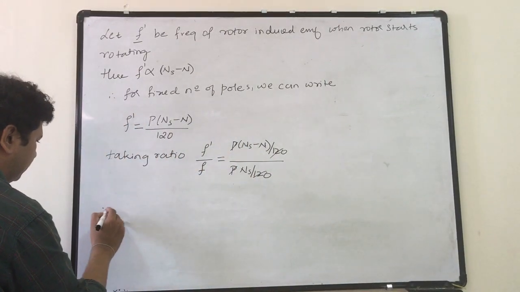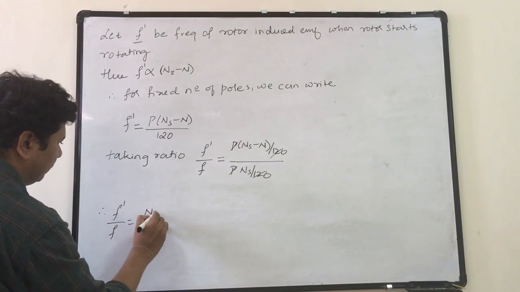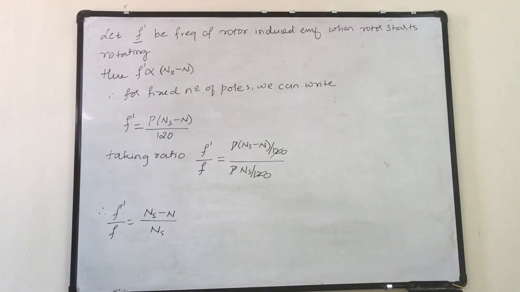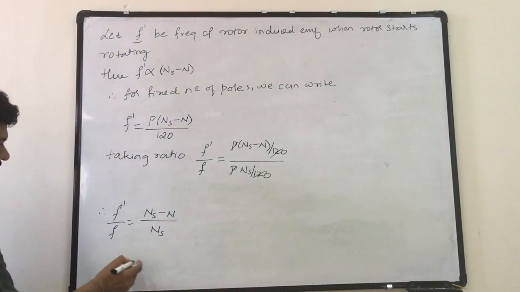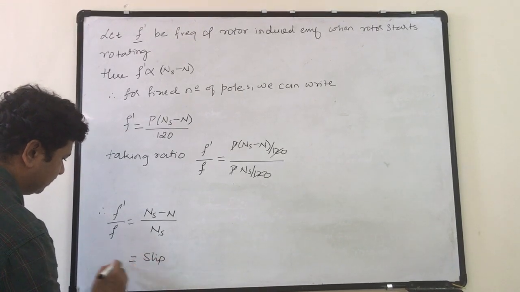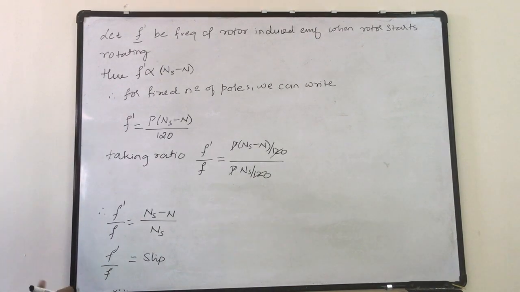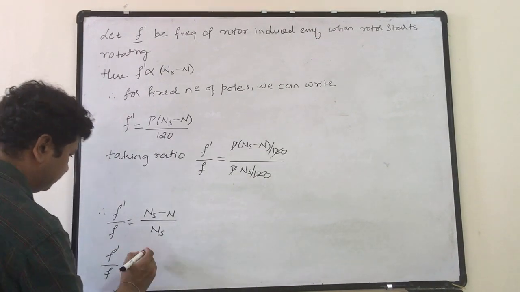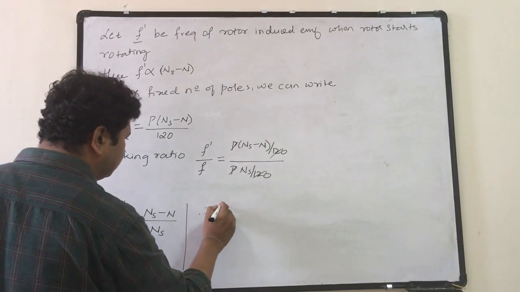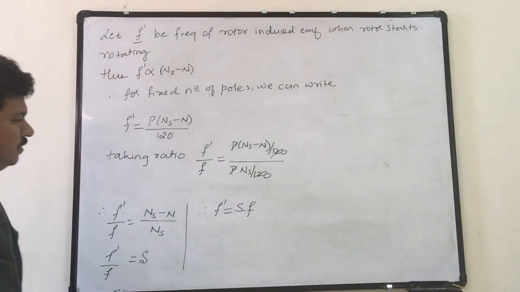Therefore f dash upon f is equal to ns minus n divided by ns, and this is equal to slip. F dash upon f is equal to slip, that is s, percentage slip. Therefore f dash is equal to s into f.